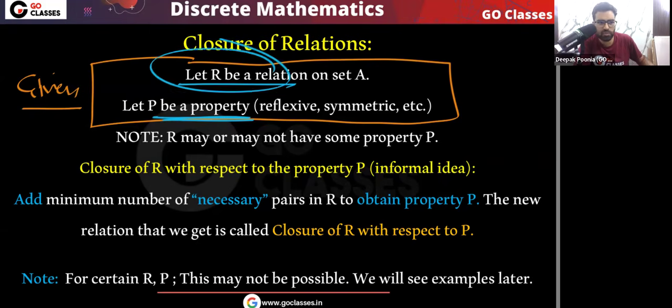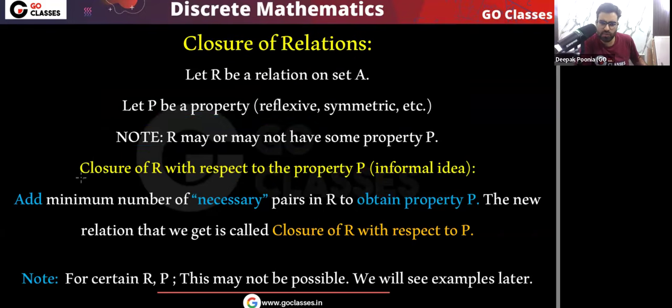For example, they can give you a relation and the reflexive property. And remember one more thing: the given relation may or may not have this property P. So what is the idea of closure of relation R with respect to this property P?